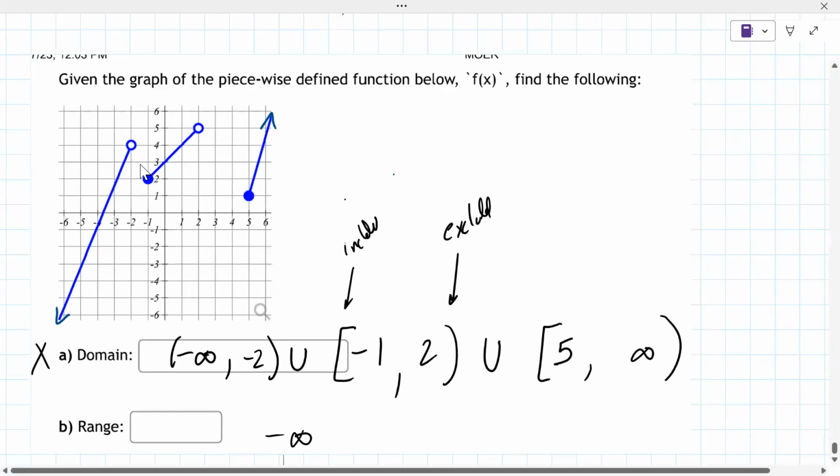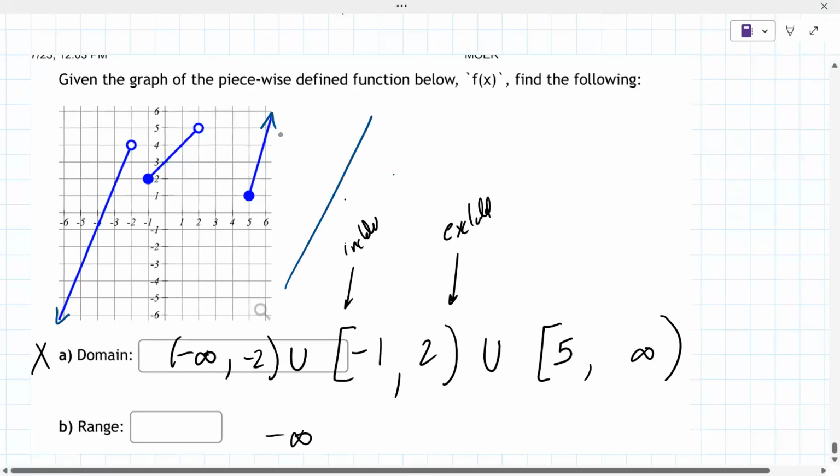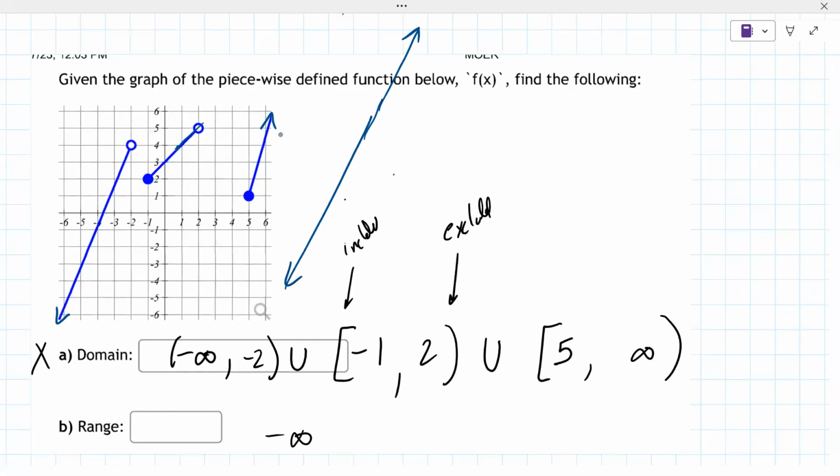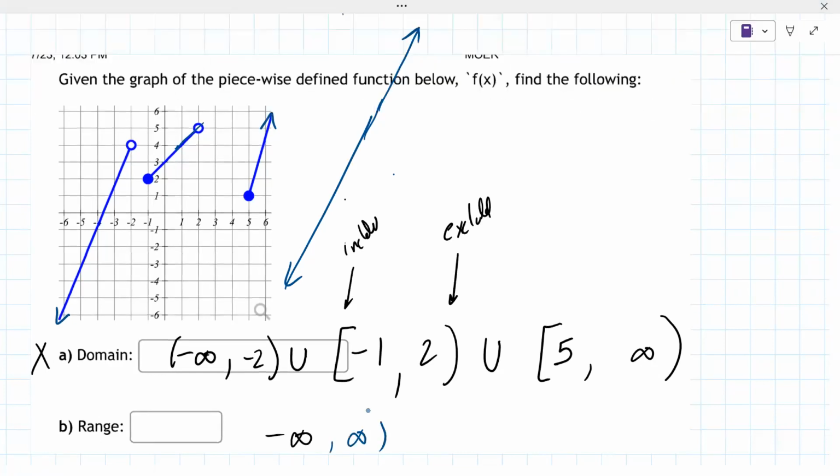Even though there is a jump, every y value is covered, because if you could sort of imagine the overlap, this first one goes up and then this next part keeps going and then this last one goes up forever. Essentially it is fully saturated, which is positive infinity.